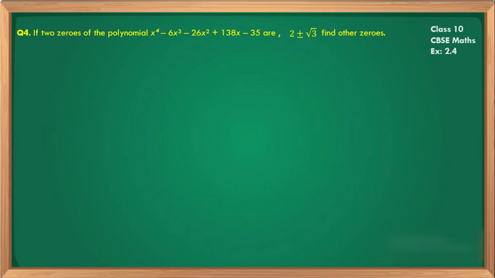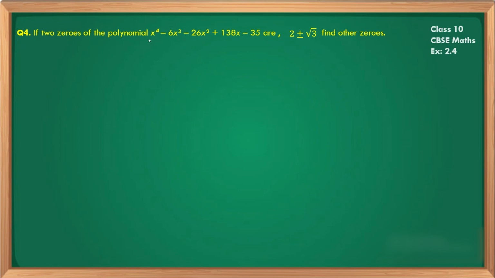Well, now we move on to question number 4 of exercise 2.4. The question says, if two zeros of the polynomial x to the power 4 minus 6x cube minus 26x squared plus 138x minus 35, it is a big polynomial, are 2 plus or minus root 3, find other zeros. Now boys, you know this polynomial has 4 as a degree.